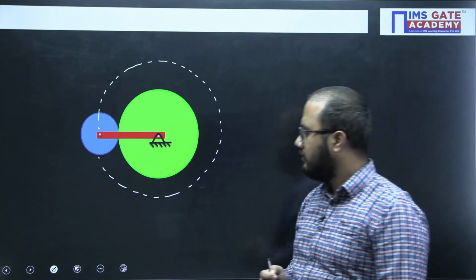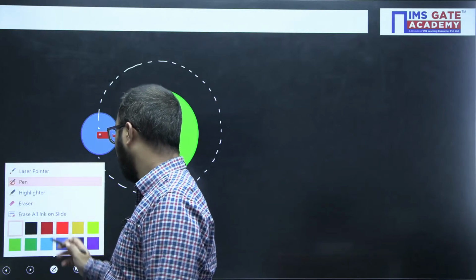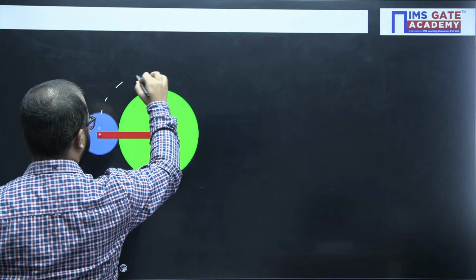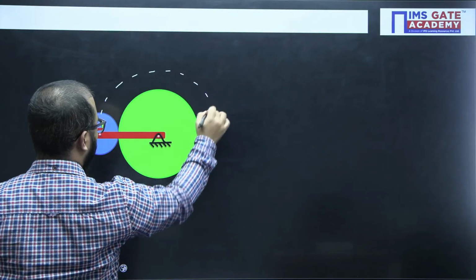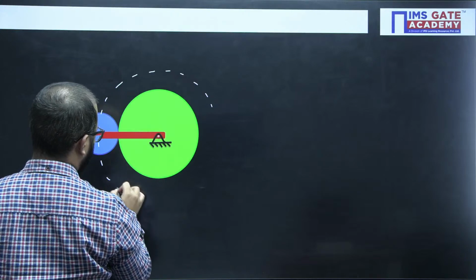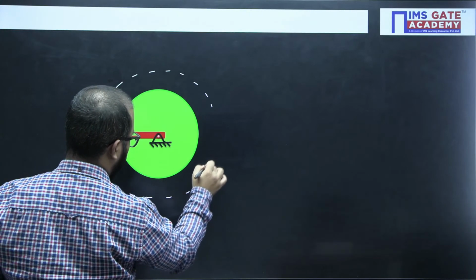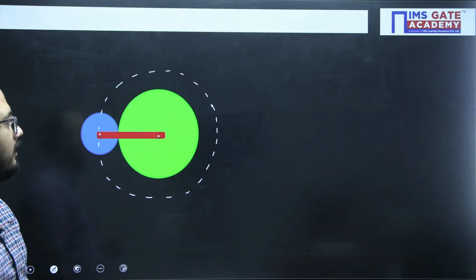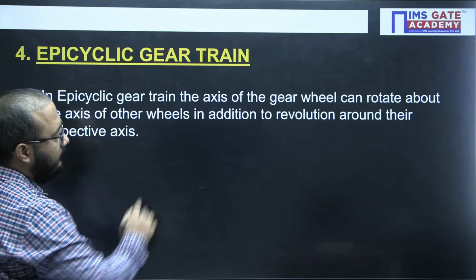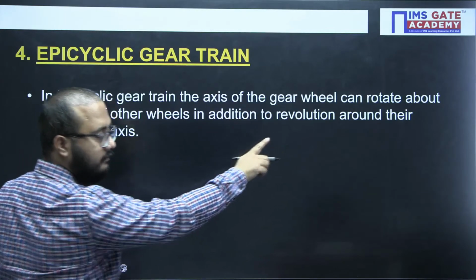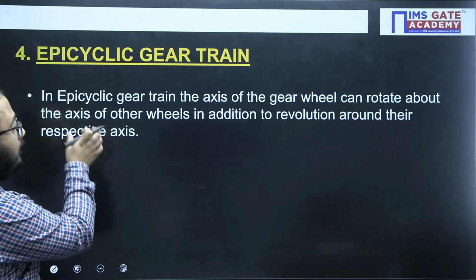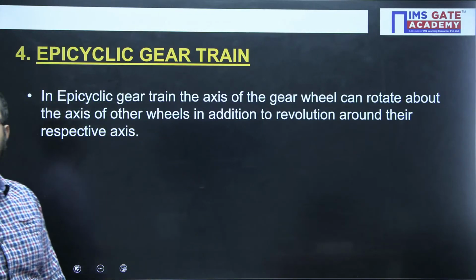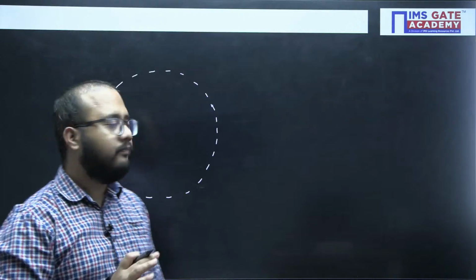Is that clear? The possibility is there. So please understand this point: the axis of the gear can rotate about the axis of another wheel in addition to revolution around its own axis. That is the epicyclic gear train.